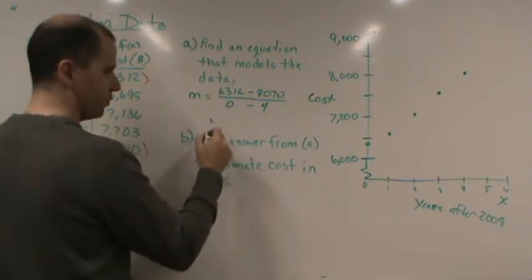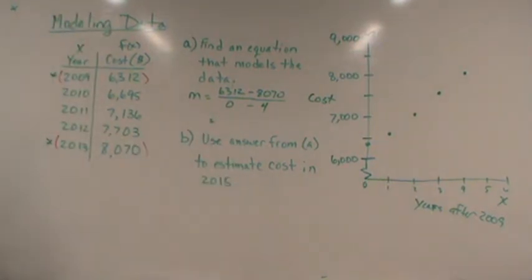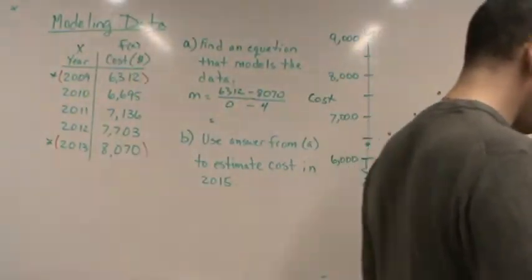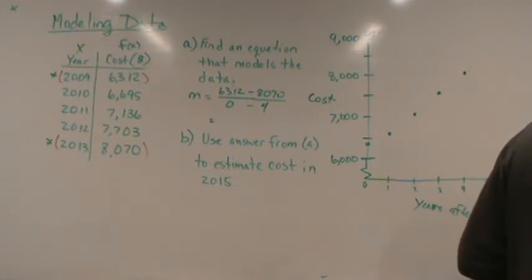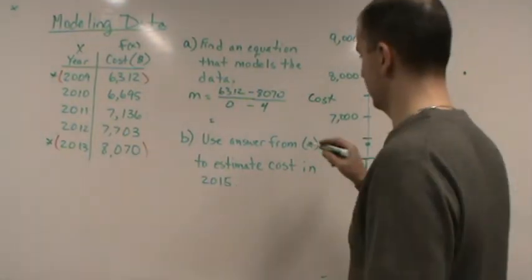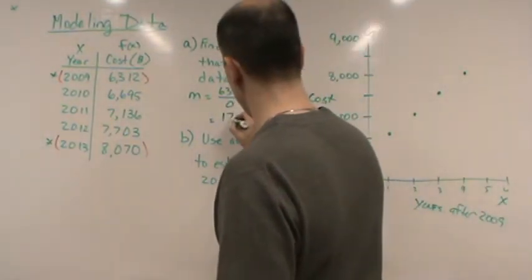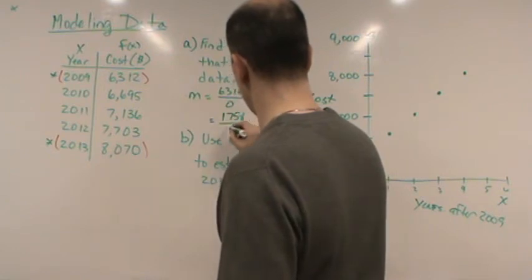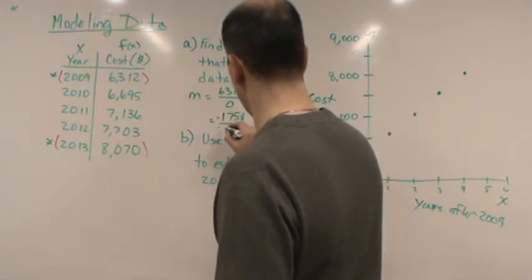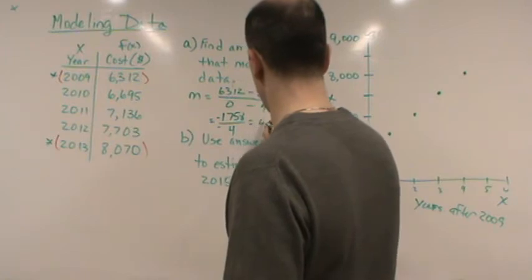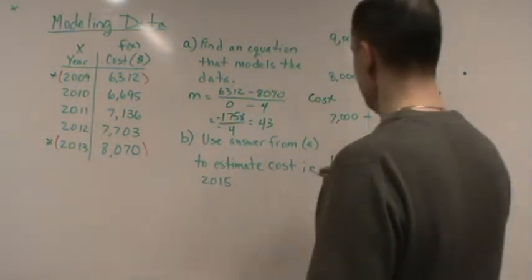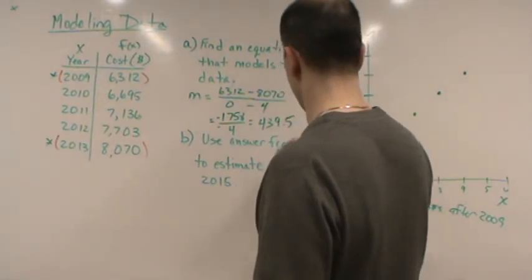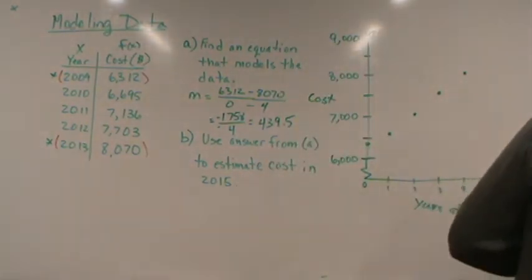Now, if we do this, what do we get for our answer? If we take these 2 points, we get a slope of 439.5. So that is our slope.